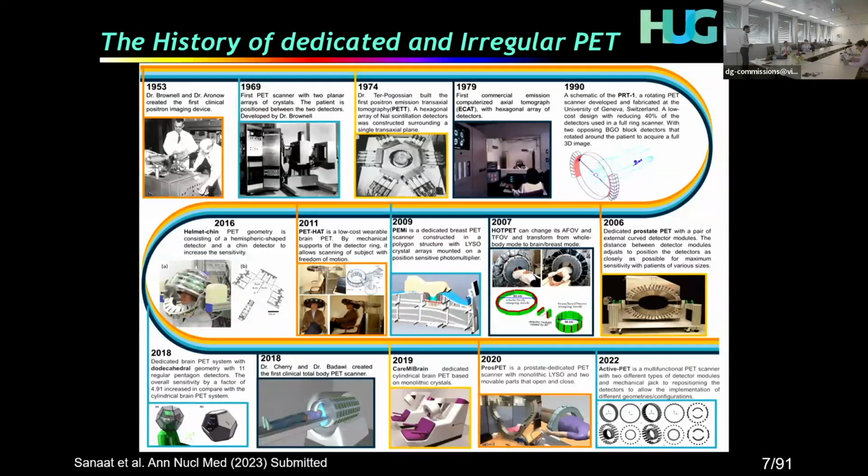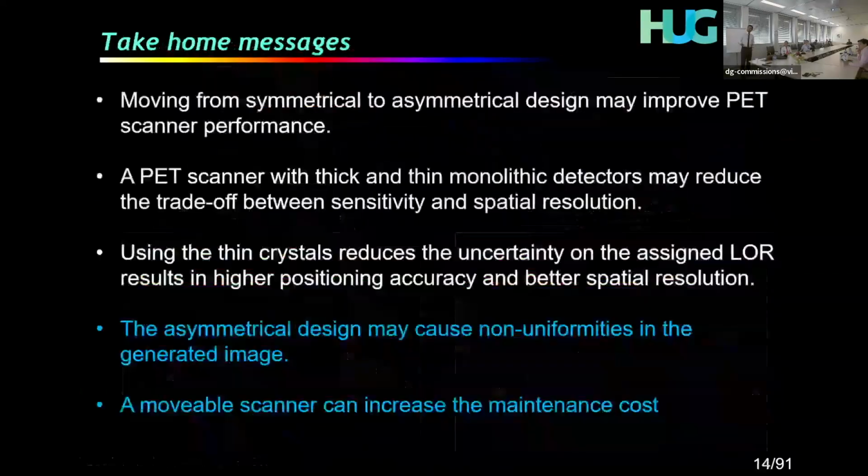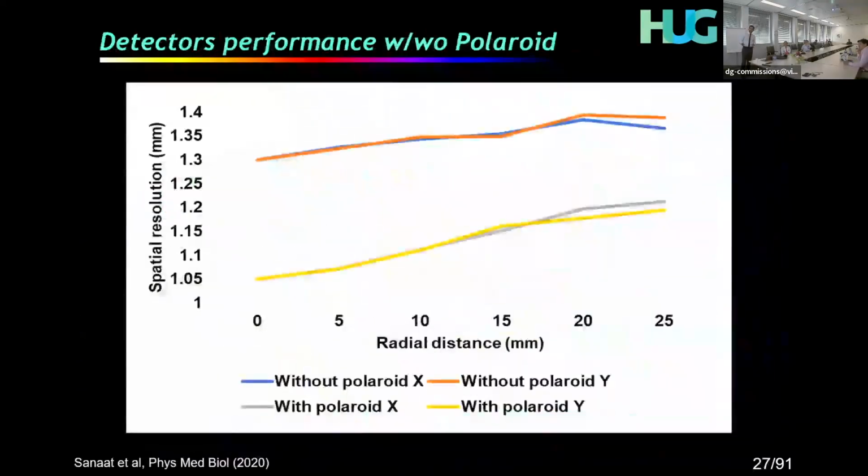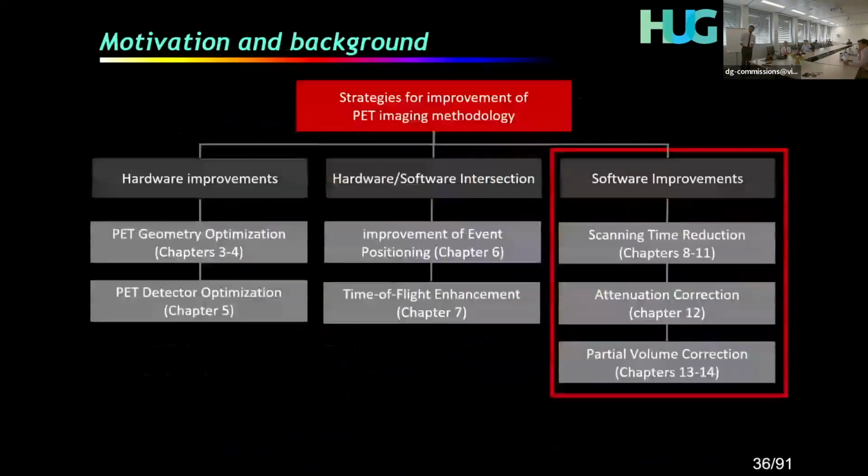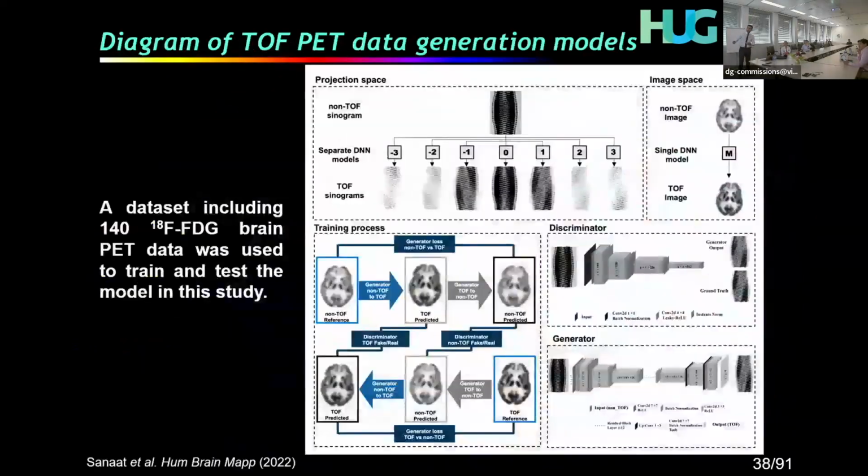You mentioned that you also implemented sinogram space, and your results show that the sinogram space performs better than the image space. Is there an intuitive explanation for why? Yeah, actually, here I can show. For a deep learning model, it is very difficult to go from a non-TOF sinogram to different TOF bins.